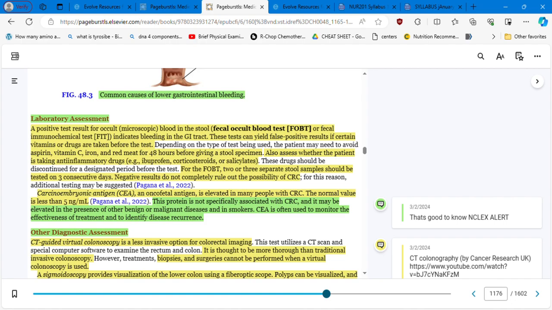The test can yield false positive result if certain vitamins or drugs are taken before the test. We are talking about the fecal occult blood test. So aspirin, vitamin C, iron, and red meat need to be held for 48 hours before giving a stool specimen. Also assess whether the patient is taking anti-inflammatory drugs like ibuprofen, corticosteroids, and salicylates.